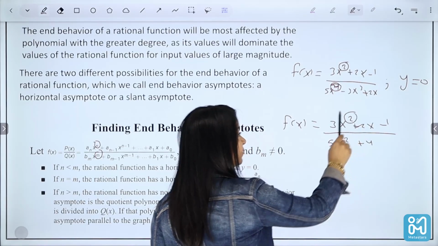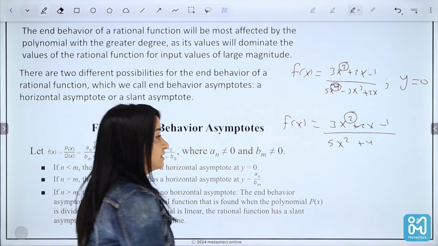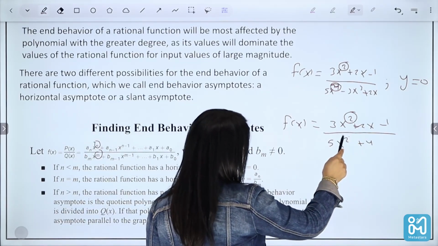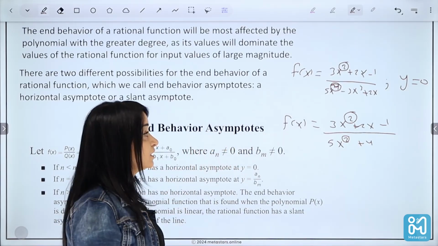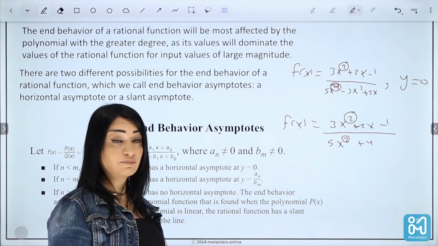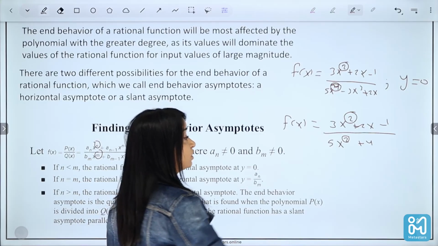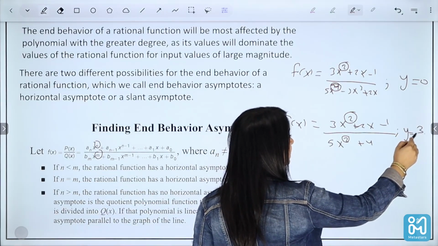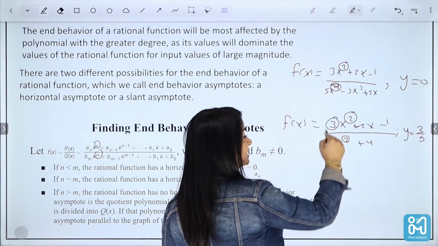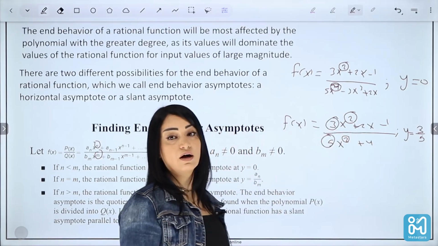The degree of the numerator is 2, and the degree of the denominator is also 2. So we have equal degrees. Do we have a horizontal asymptote? Yes, y equals 3 over 5. We take the coefficient over the coefficient.